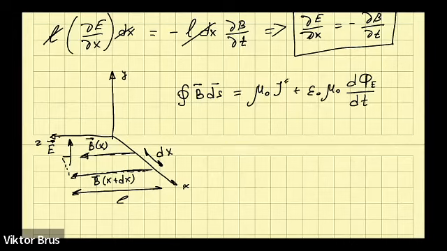That's why the electric current can be set to 0. We don't need to worry about it.